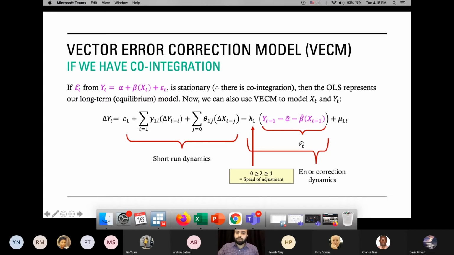The reason why we have this as negative is that if the actual values of yt fall below the equilibrium, then by that amount of error, this term will bring it back to the equilibrium. So that is why it's called the error correction dynamics.